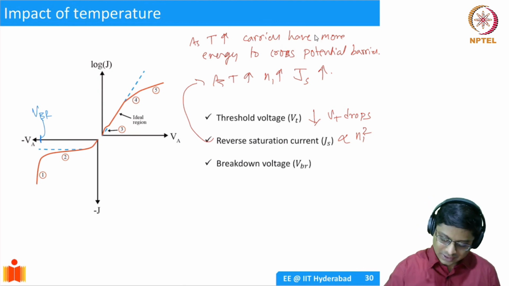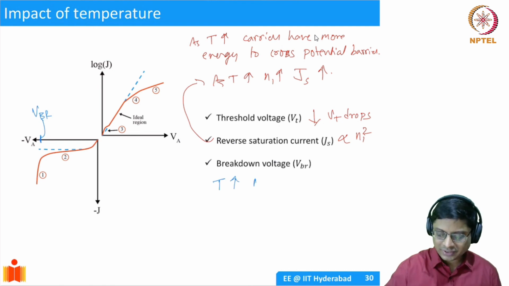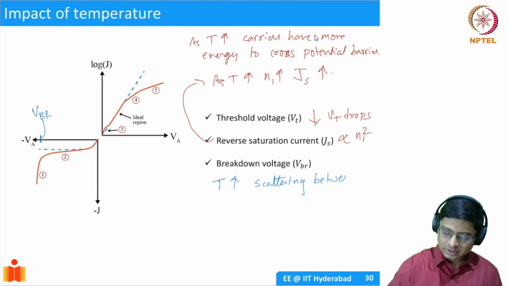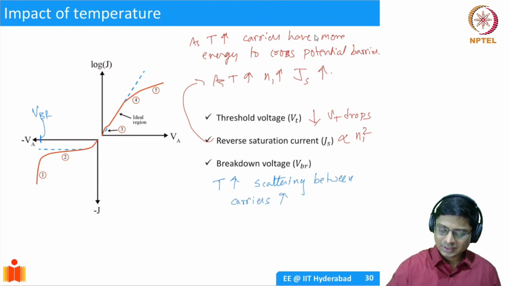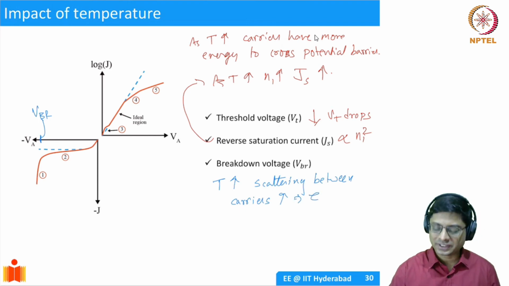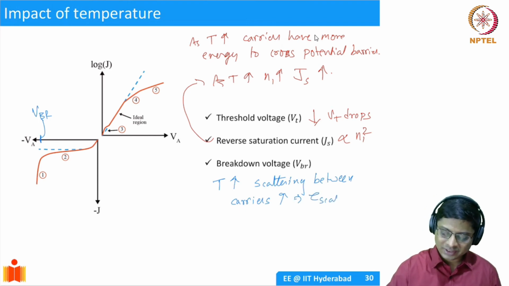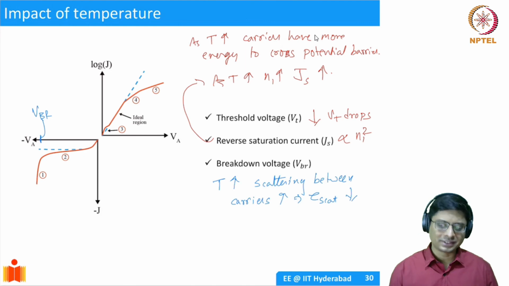So as T increases, scattering between carriers increases. That implies tau, which is basically the time between scattering events, reduces. That means there is more efficient scattering.